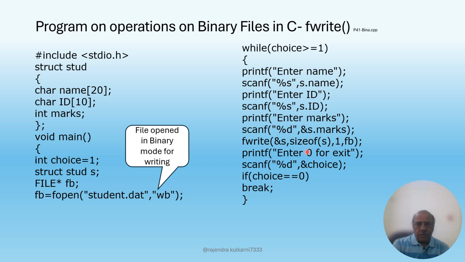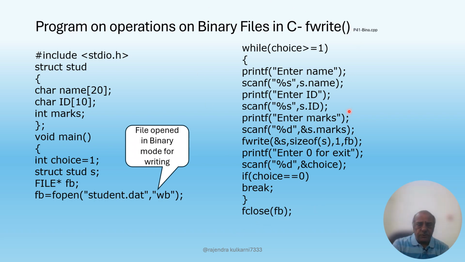Then we ask for entering 0, which will cause the termination of the while loop, and on coming out of the loop we close the file using the fclose function.